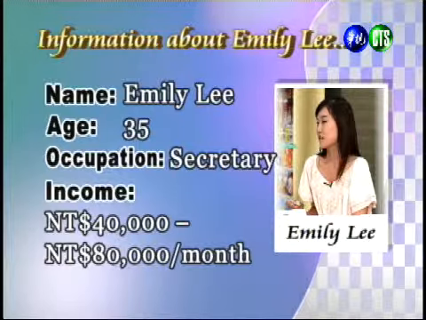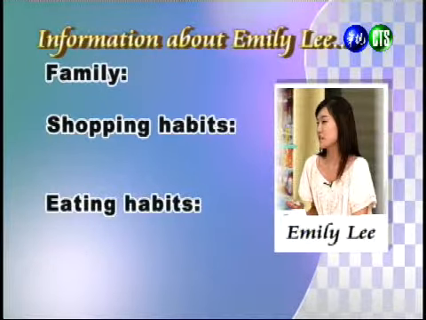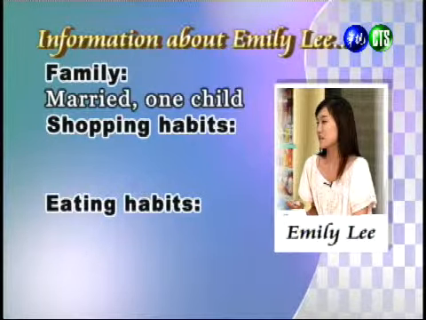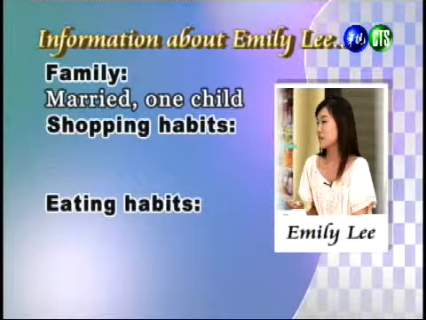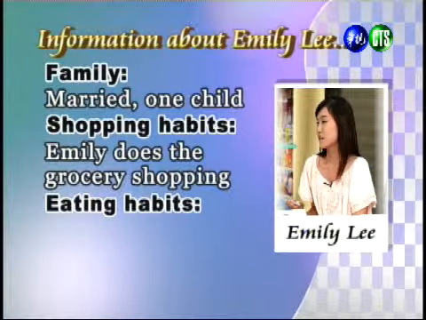All right, some other things that we learned about Emily is that she's married and that she has one child. And we also learned something about her shopping habits, and that's that Emily does the grocery shopping for the family.